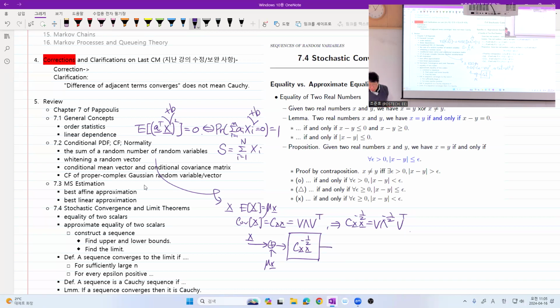And then what do you have? You have some random vector y that has mean 0 and covariance matrix the identity matrix, of length the same as the random vector x.